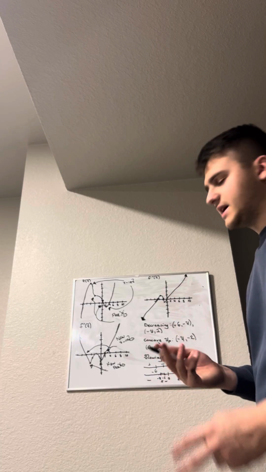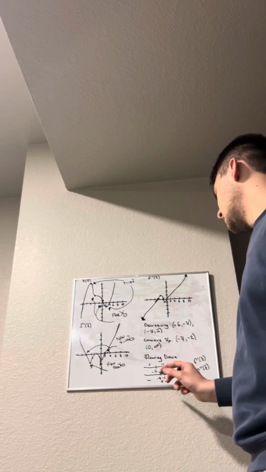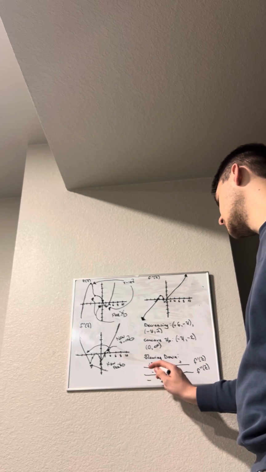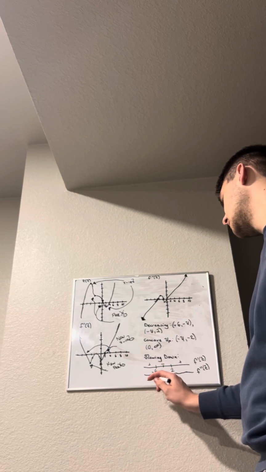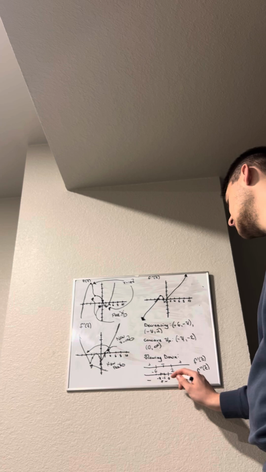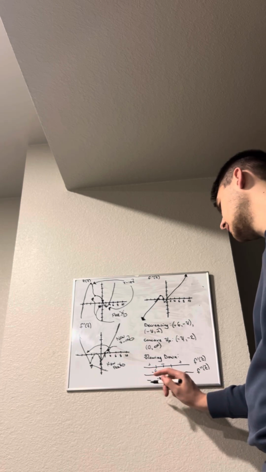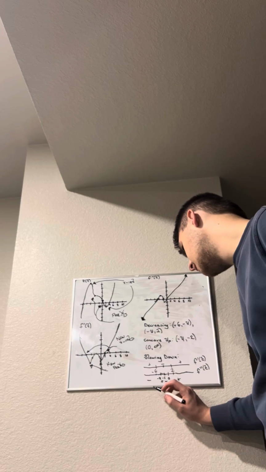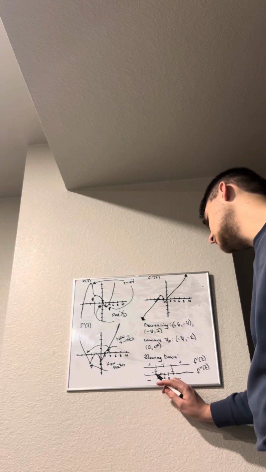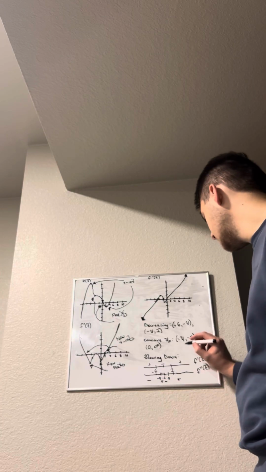So for example, let's try to find the slowing down one. Slowing down in this case would be, roughly, from -6 to -4.